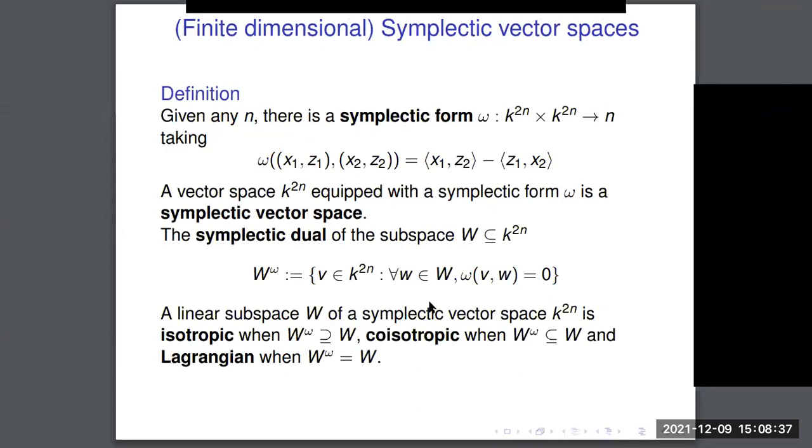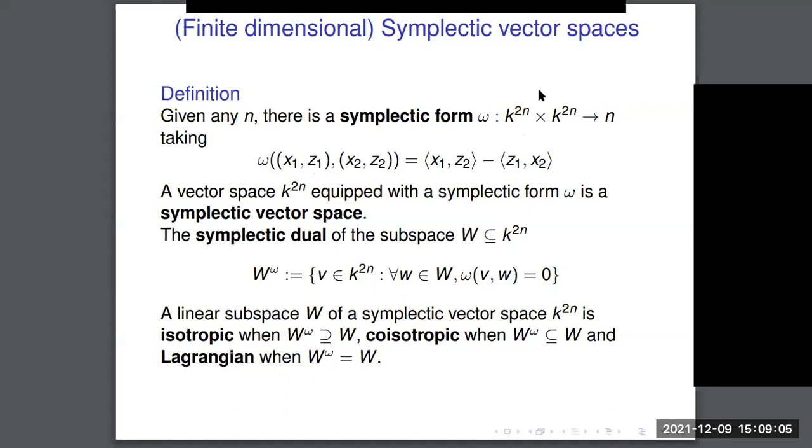Okay, and now I need to go over some technical background about symplectic vector spaces and symplectic linear algebra. So a symplectic form for some fixed n is this bilinear map omega from k^2n times k^2n down to k.